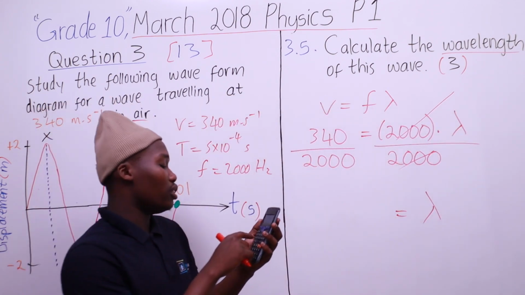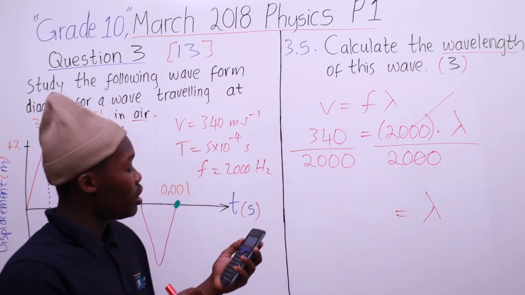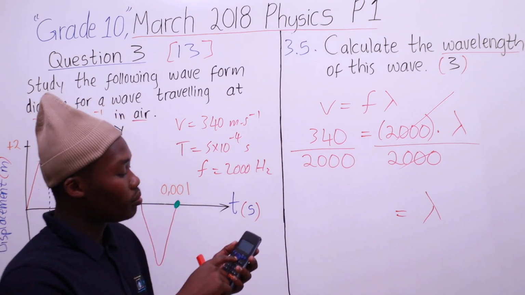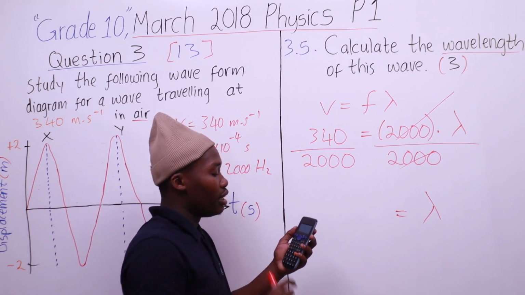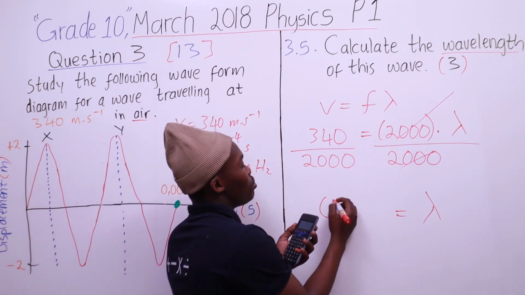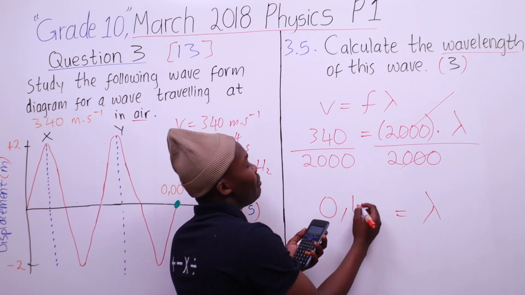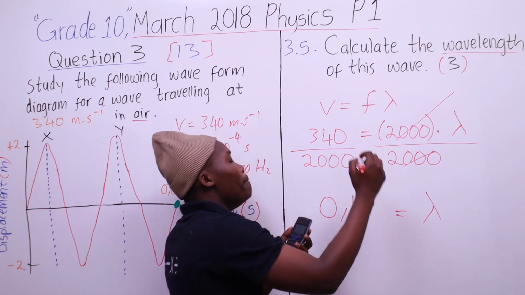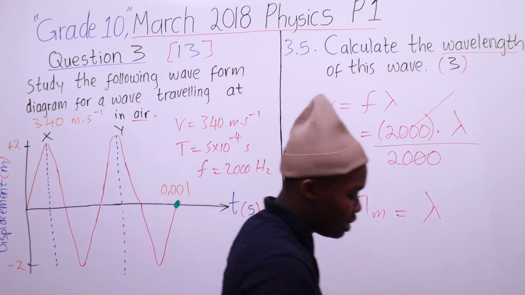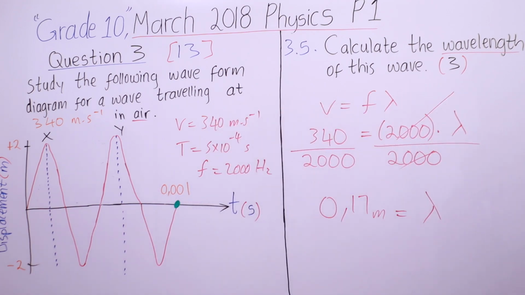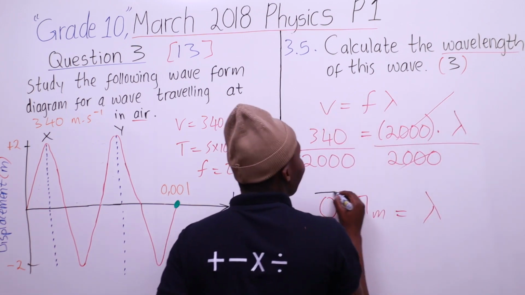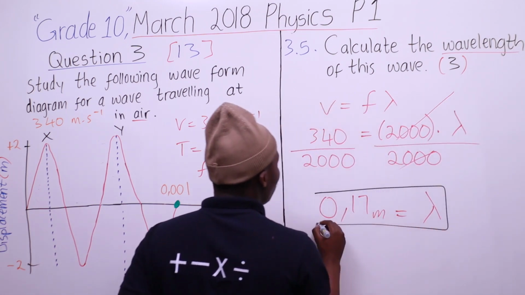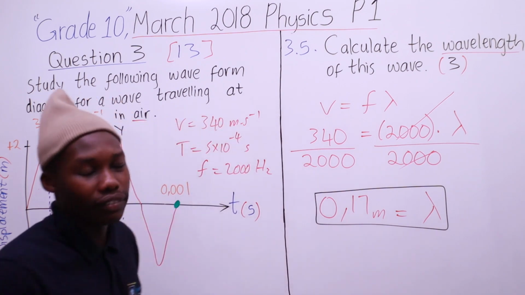Fraction 340 divided by 2000 gives us 0.17 meters. Iyini wavelength, the distance between two consecutive crests or two consecutive troughs.